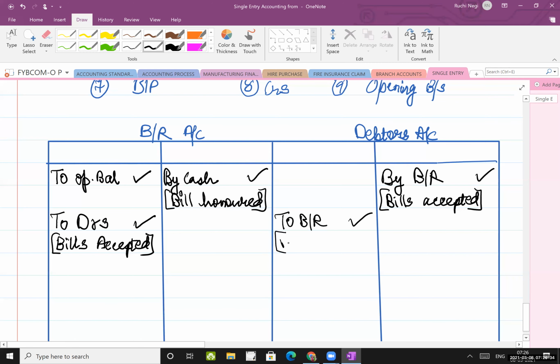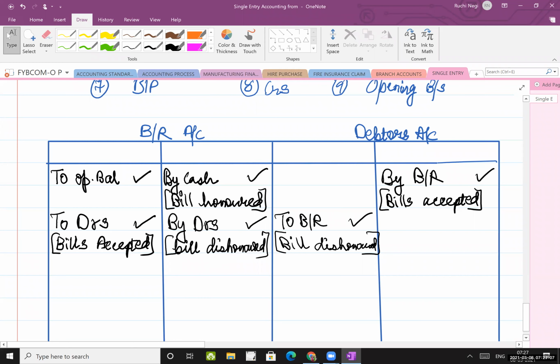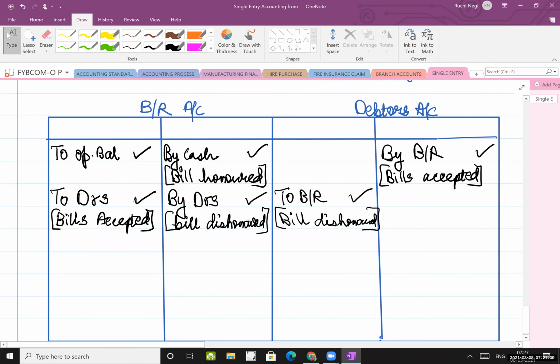That is why. Bill dishonored. Its second effect will be here, by debtors. Bill dishonored. Next, bill endorsed.